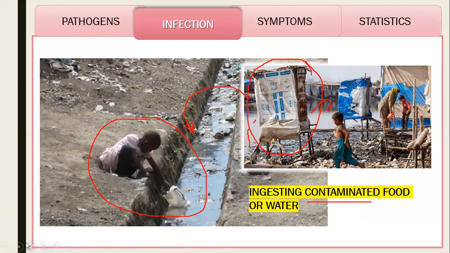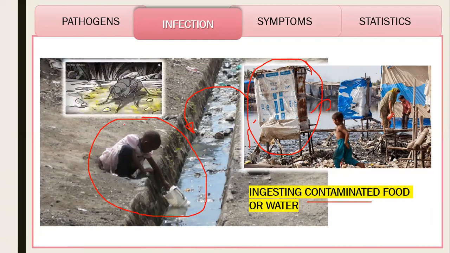Sometimes, of course, some kinds of vectors, which means carriers, may transmit the bacteria. For example, flies generally visit the toilets to find food for themselves, but the bacterium can attach to their legs, and when these flies go back to the houses where we have fruits or vegetables, and when we eat them without washing, the bacteria can penetrate into our body.